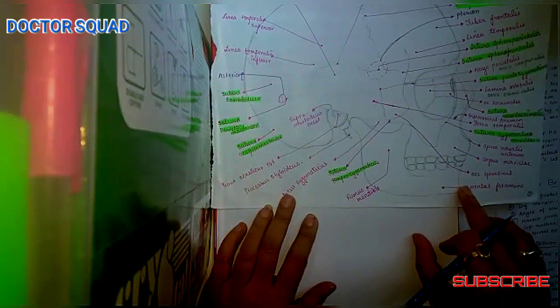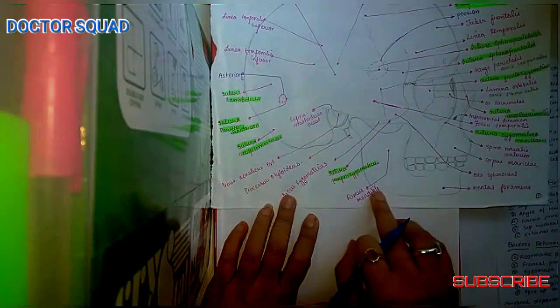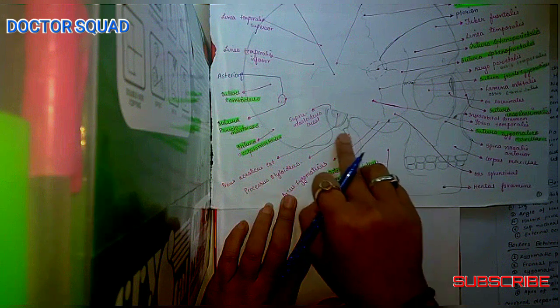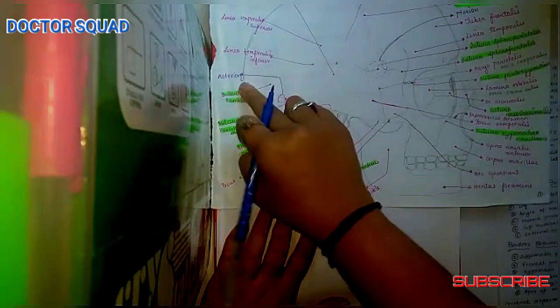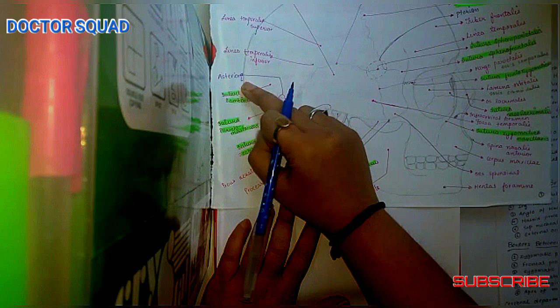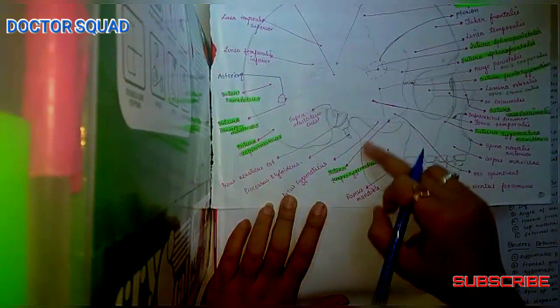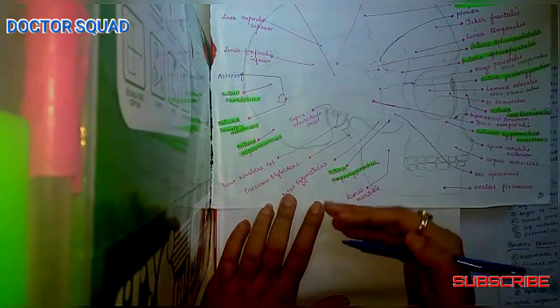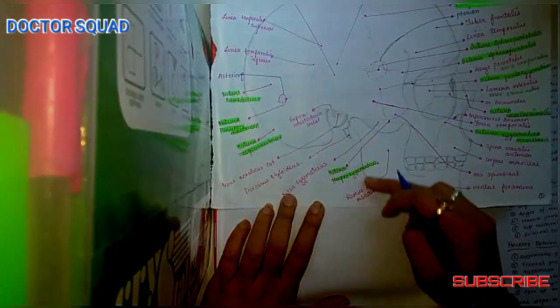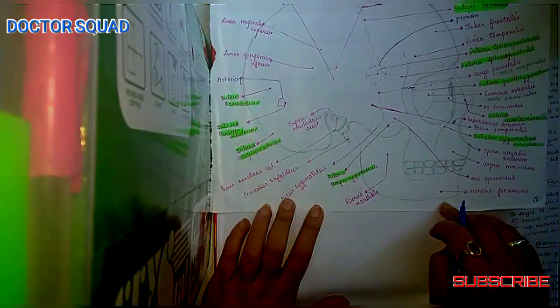The skull is divided from the neck in this way, along the lower margin of the skull, right?